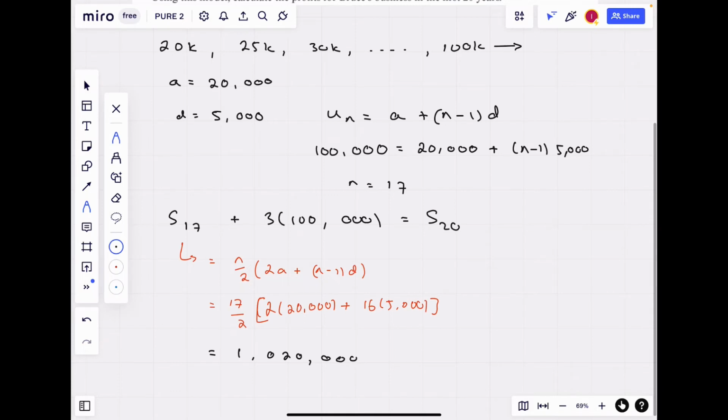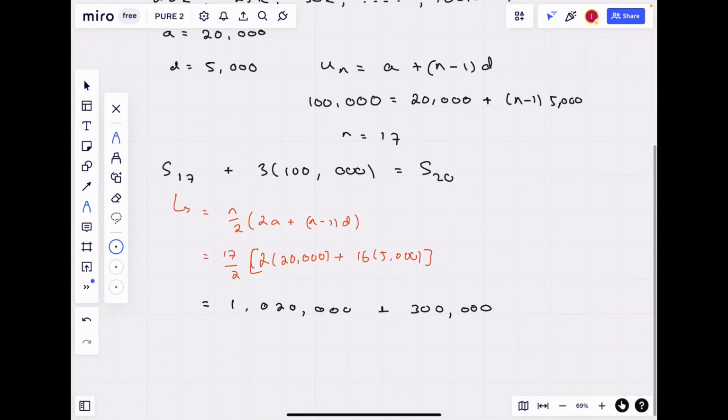Okay? And then you're going to add the 300,000 because he's made 100 grand in the 18th, 19th, and 20th year. So in total, he's made £1,320,000 in profit in those 20 years. And that's how you do part A.